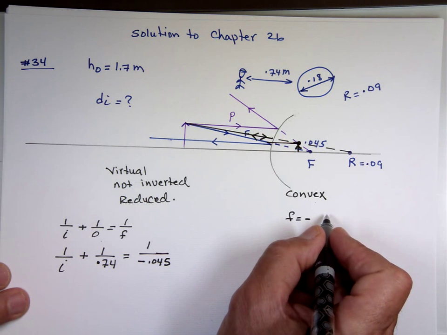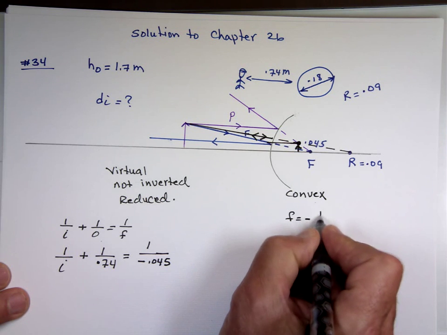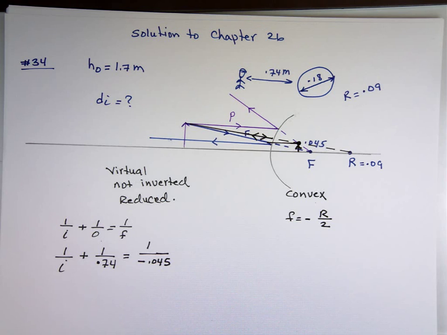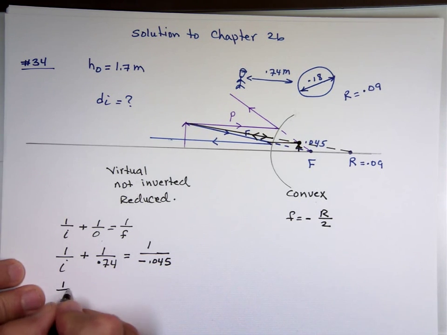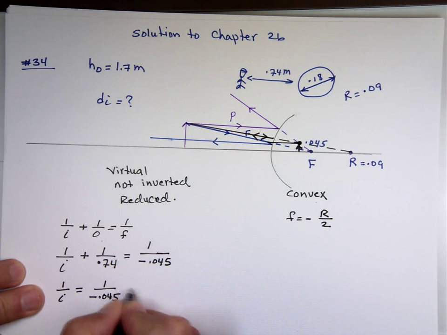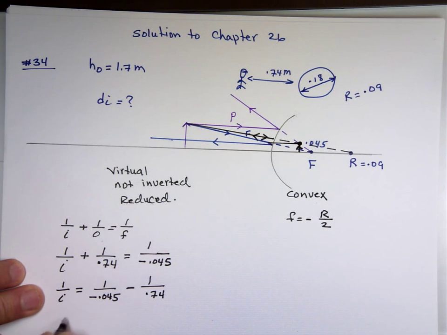What is it? R over 2. Negative. So you do the math. This will be a negative number.